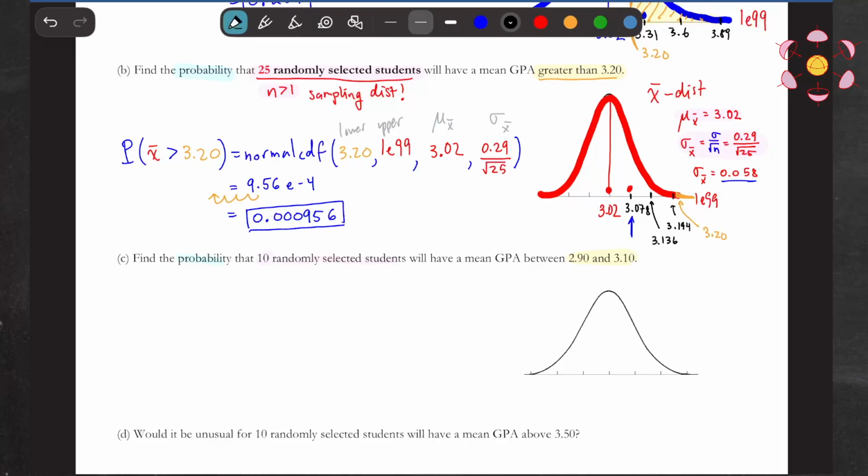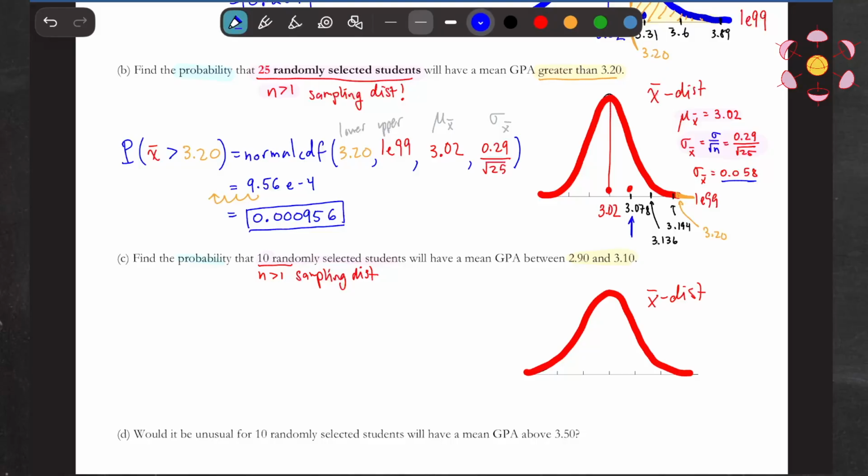Okay, the key here is 10. That's our n. N is bigger than 1. This triggers the sampling distribution. This time we've got a different n though. So the distribution's not exactly the same as in part B. It's a little bit different, but it's just a different x bar distribution.